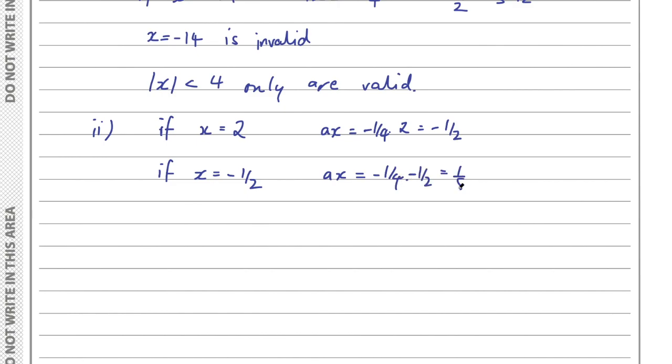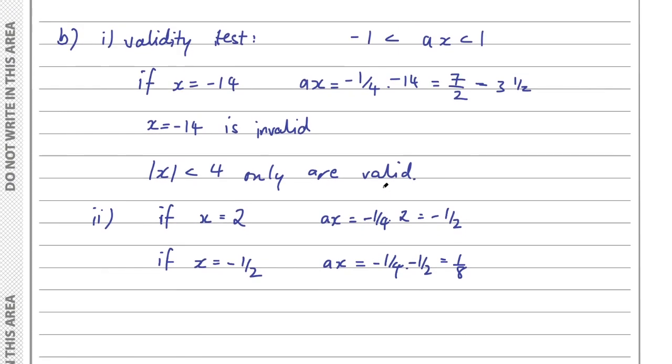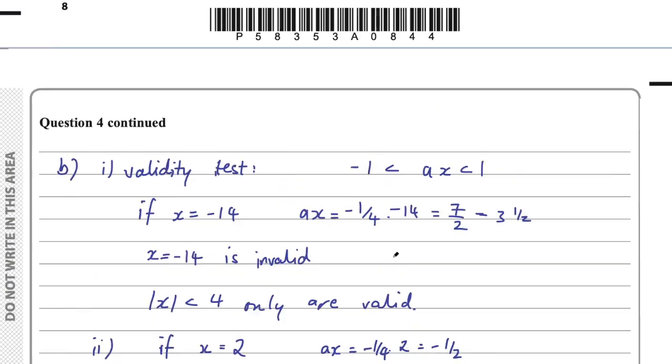This is 1/8. Now we're looking for the ax value that is closest to 0. Supposedly that means your answer will converge closer to the value that you're looking for. So we're going to pick x equal to -1/2, as then -1/4x is closest to 0. Okay, so that was part B.